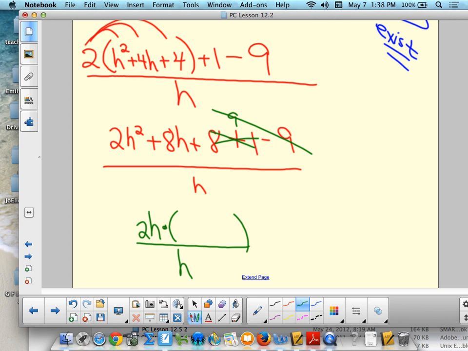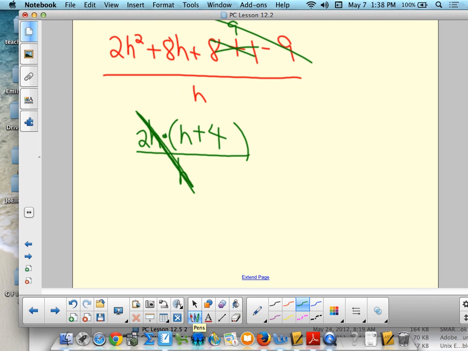What's left? h plus... Whoa, I did that wrong. h plus what? 4. What do you notice about these h's? They're exactly the same number. I'd cancel those out in a second. So you get 2 times h plus 4, right? That is the simplified answer of what they asked you to do.